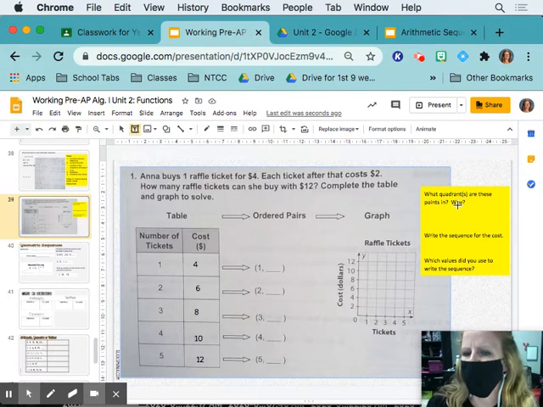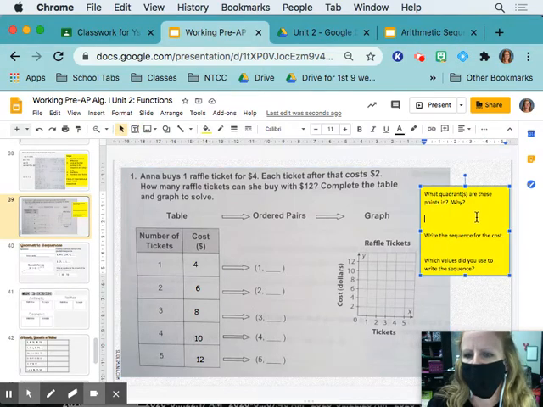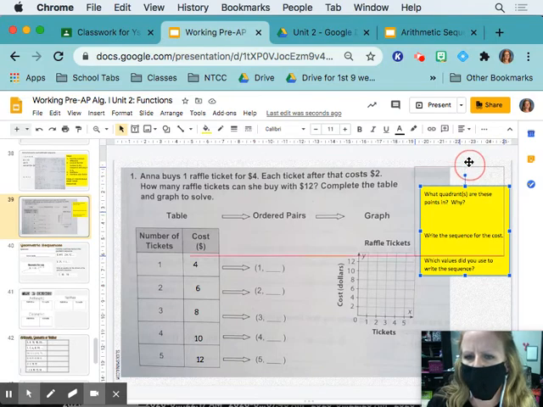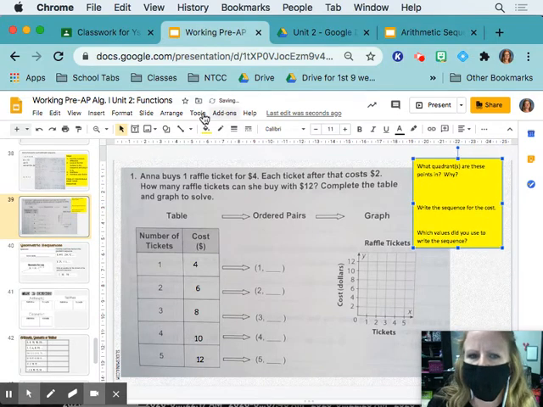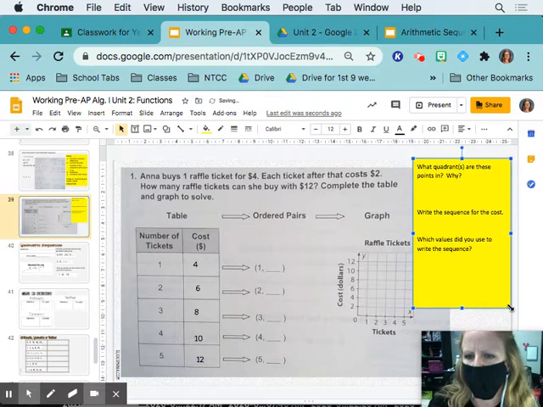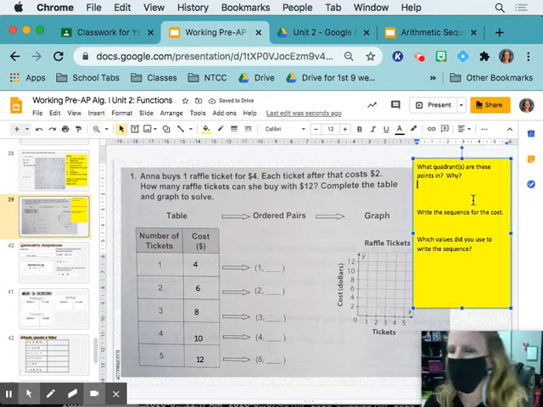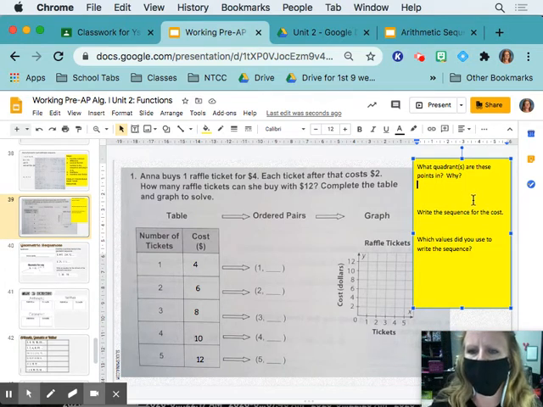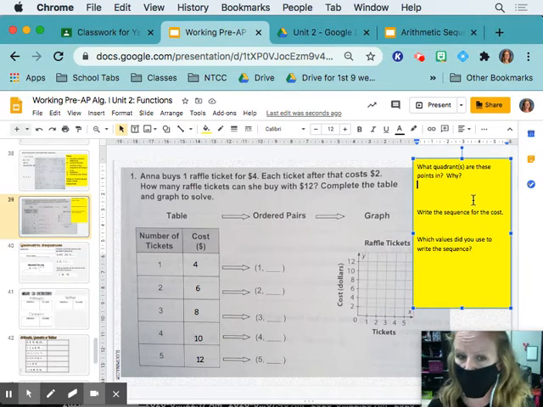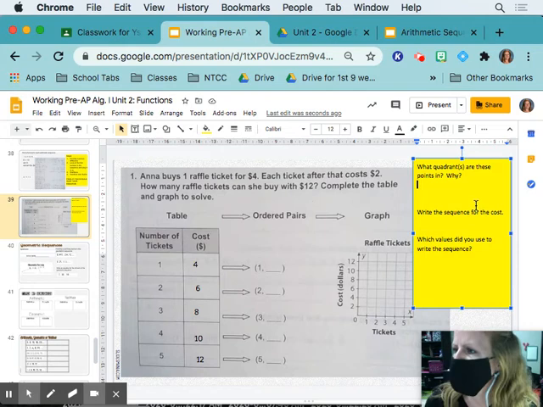Now let's answer the question over here. I'm going to move this up a little bit and make it a little bigger. Okay, so the question over in the yellow box, we're going to answer, what quadrant are these points in? So we're going to have to graph these points.